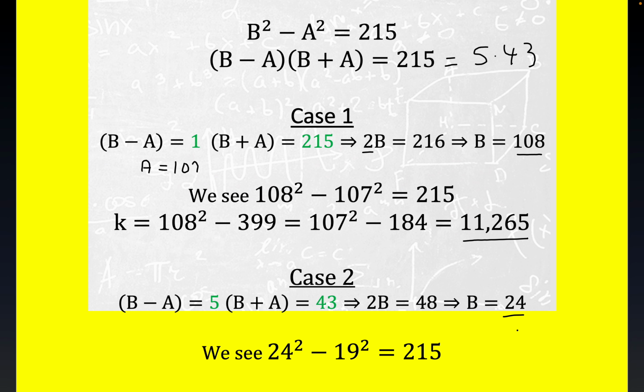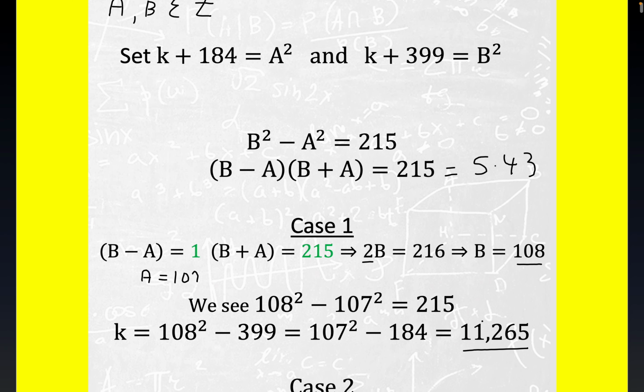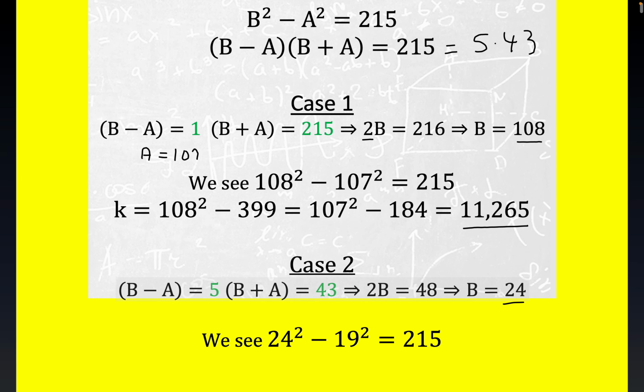But you can see there's no way 24 is going to give us as large a number just from the structure of the substitutions here. 24 is a much smaller number, which will result in a much smaller k, right? So in other words, the k that you would get here would be less than 11,265, and that's okay.